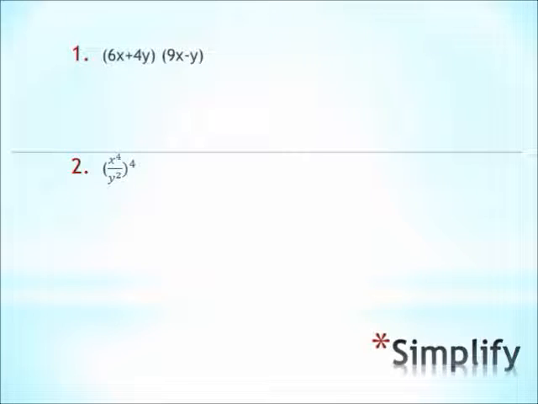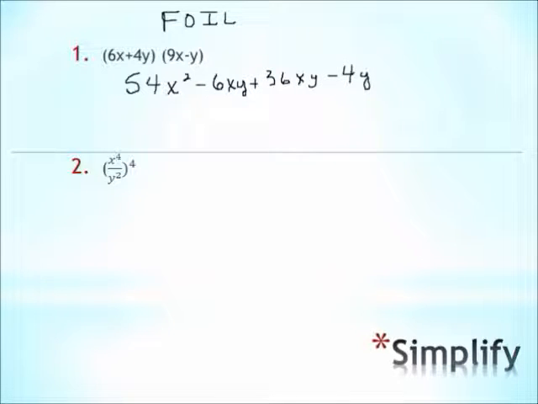Problem number 1 on this page, if we use what's called the FOIL method, first, outer, inner, last, we're going to get 54x squared minus 6xy plus 36xy minus 4y squared.